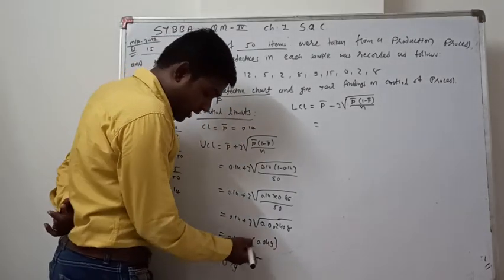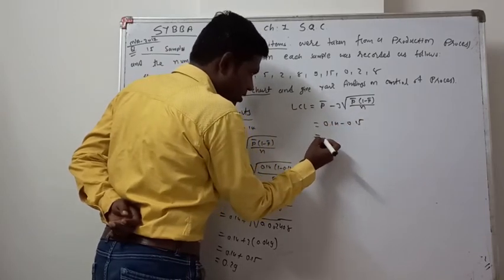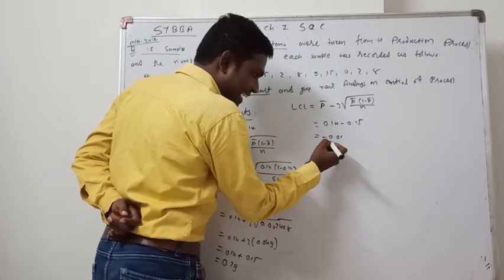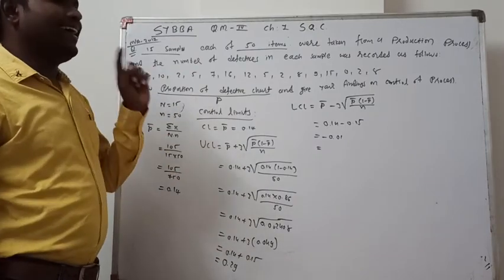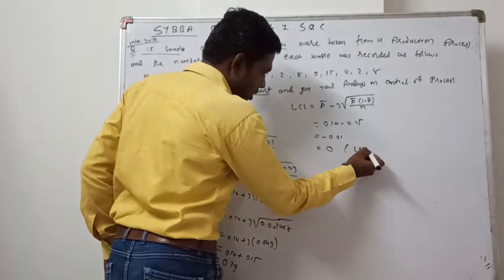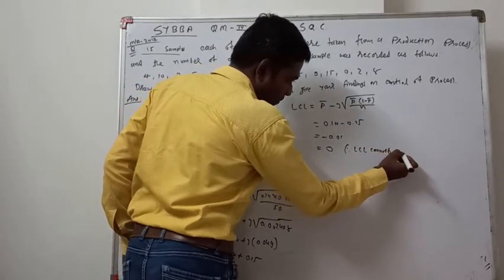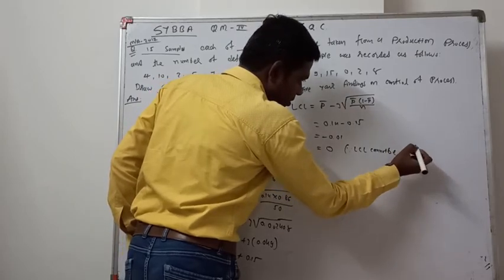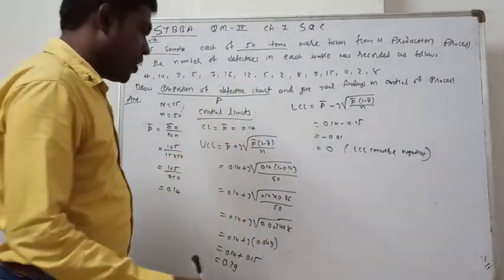I write only the last step, that is 0.14 minus 0.15, and the answer is minus 0.01, which is negative. We know that if the lower control limit is negative, then we take it as 0, because the lower control limit cannot be negative. Now these are all our control limits. Now we have to find what?